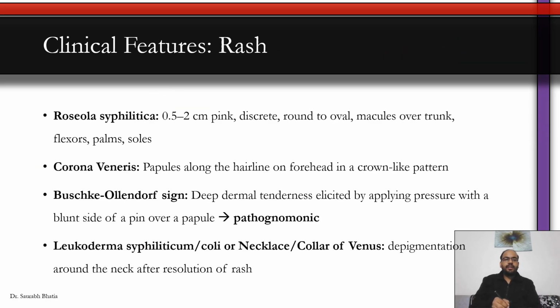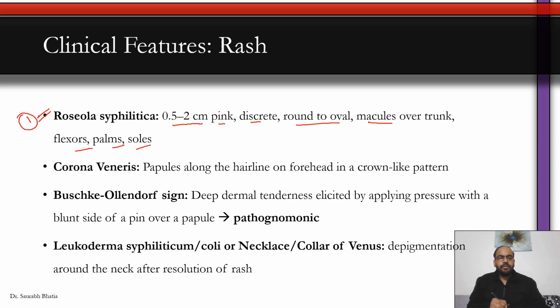These are some terms which are specific for the syphilitic rash, and we'll go through them one by one. One is roseola syphilitica. These are 0.5 to 2 centimeter pink, discrete, round to oval macules over the trunk, flexor surfaces, palms, and soles. These are the descriptive terms given to the lesions of the rash of syphilis.